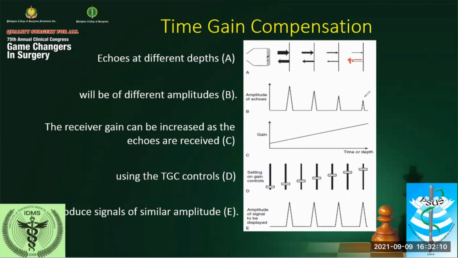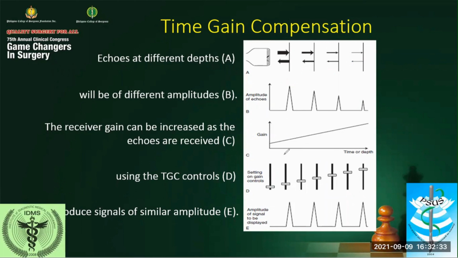So if we display these echoes in terms of amplitude, the weak echoes deep down will be represented by low amplitude echoes, while the echoes near the transducer are relatively strong, so they are high amplitude echoes.